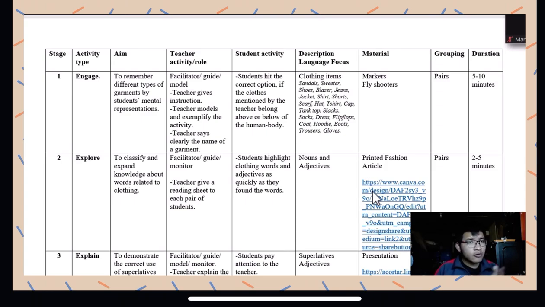The language focus that we are going to implement, or introduce here, is nouns and adjectives that we are going to use to develop the following activities. So this is the material that we are going to use. It is a printed fashion article, practically this one that you have over here.